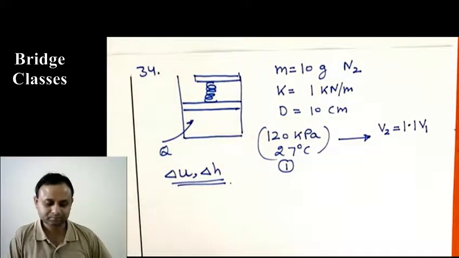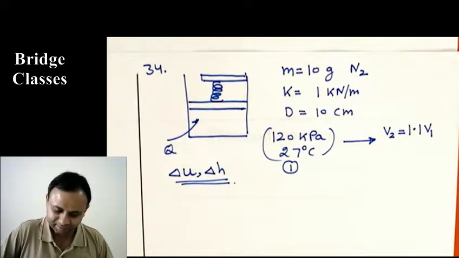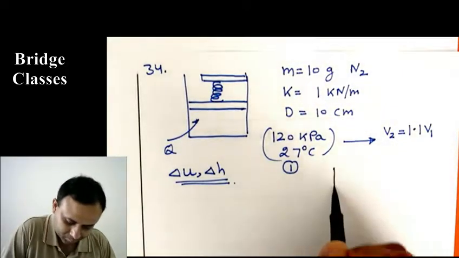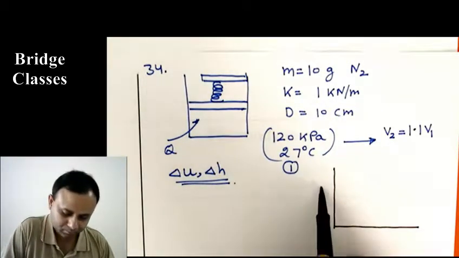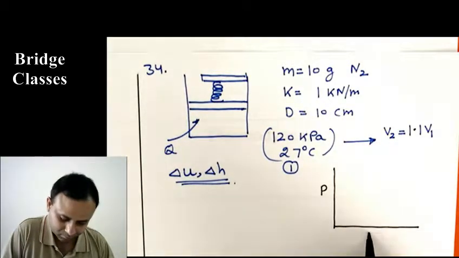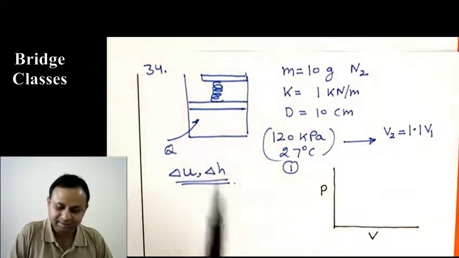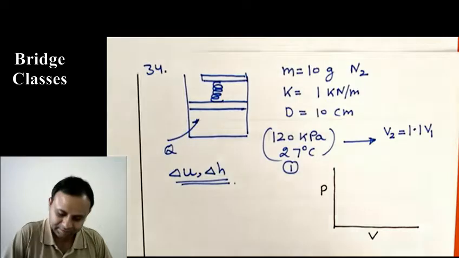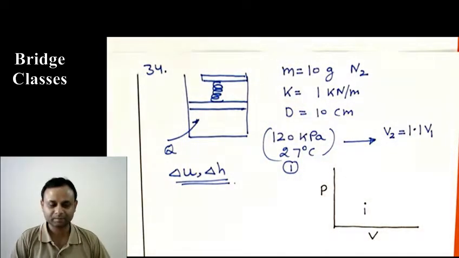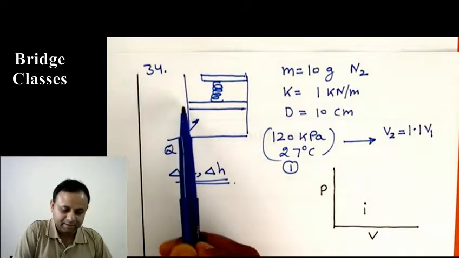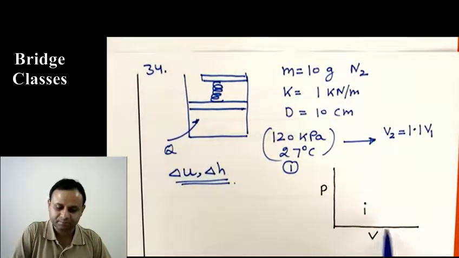Okay. So first see how this process will look on a PV diagram. Now, because this is a linear spring, let us say its initial state is here. As this piston moves up, volume increases.